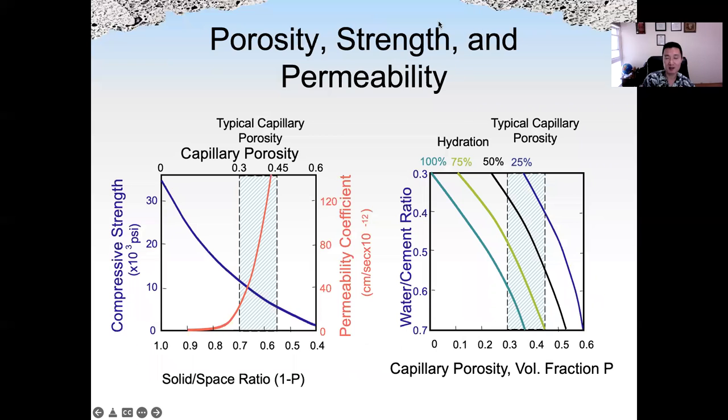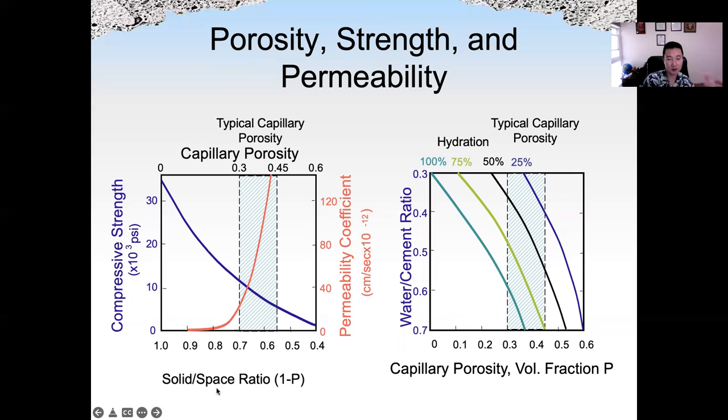So we just discussed the lower the porosity, the higher the strength, and the lower the permeability. Okay, let's look at here. The picture on the left shows the solid to space ratio.